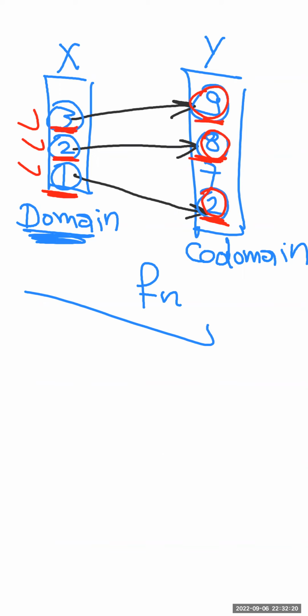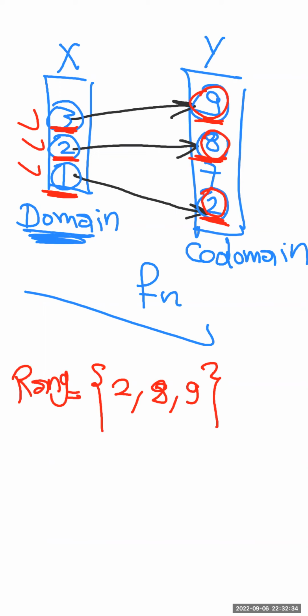So these elements, 2, 8 and 9, the images, are the range of the function. So if we want to check if the relation is a function or not, simply check that every value of x has only one value on y.